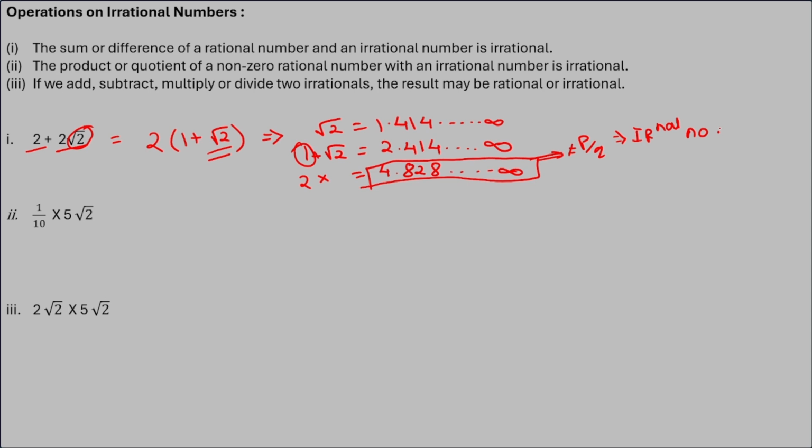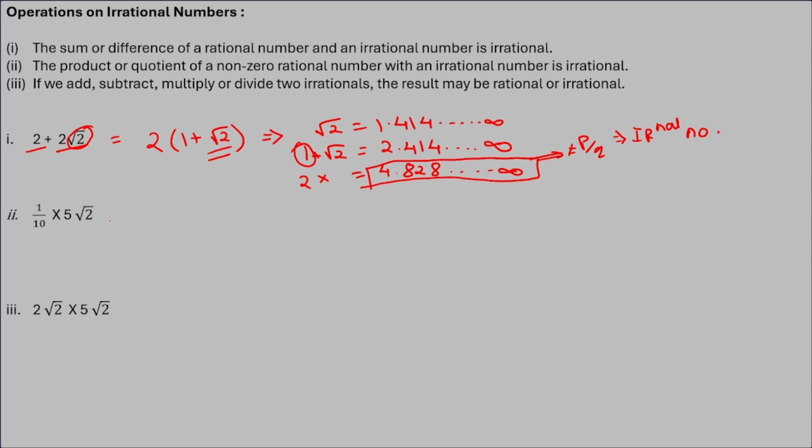Hope you understood this point. So if any rational number is added to an irrational number, for sure the value is irrational, and you can conclude this statement using any numbers, whatever comes into your mind.